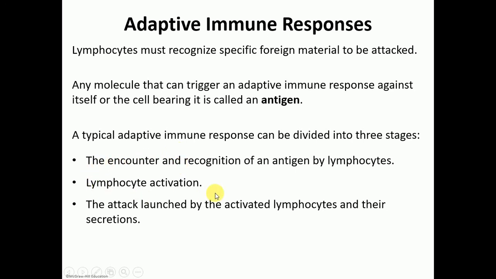But then you have to activate the lymphocytes. We said that your helper T cell is the cell that is going to activate the B and the cytotoxic T cells, and then we can attack the antigen. Depending on which cell, the B lymphocytes change into plasma cells, and your cytotoxic T cells are going to directly attack the antigens.